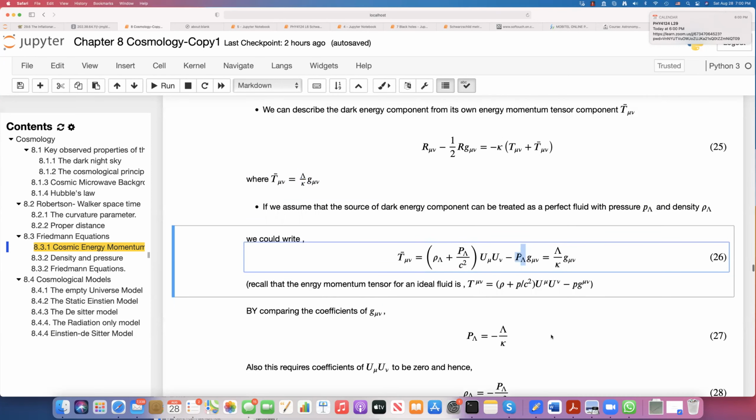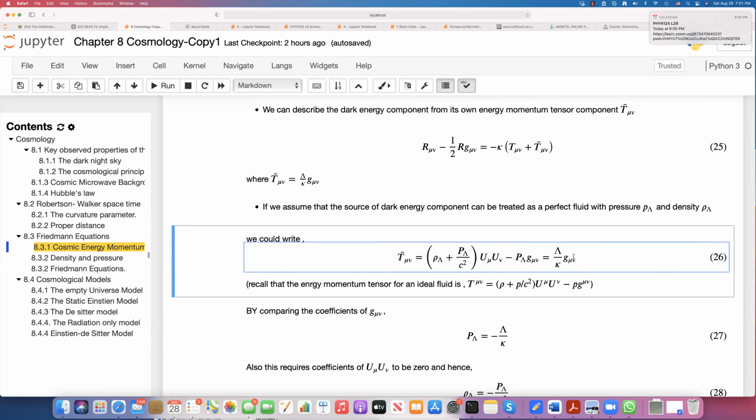And the other term that you have on the left hand side, this U mu U nu term, is rho lambda plus P lambda over C squared. However, on the right hand side, you do not have that term. So there is no U mu U nu term on the right hand side, which means that particular term should be equal to 0.